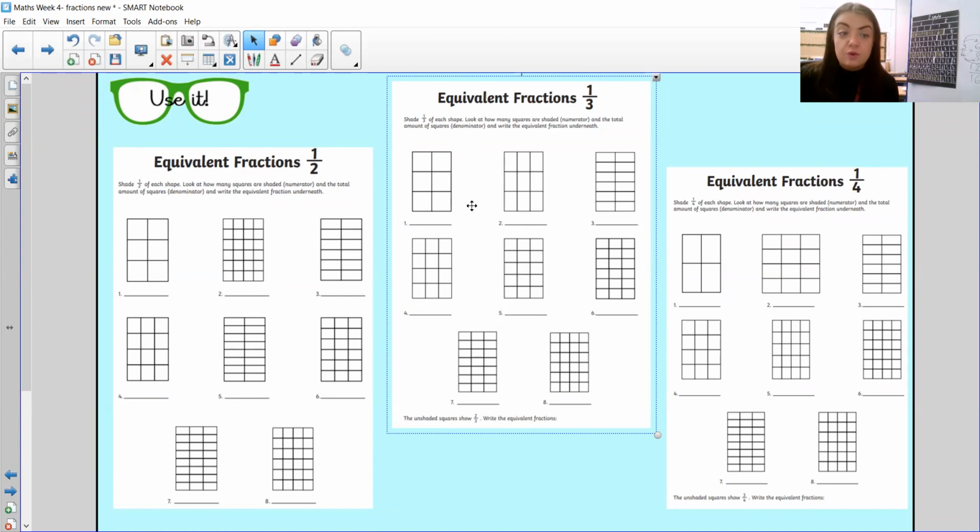It's just a bit of an explore today. Once you've done it, can you write the fraction underneath that you have created to show whether it is equivalent or not equivalent. So it's just a way for you to explore today lots of different equivalent fractions for 1/2, 1/3, and 1/4.